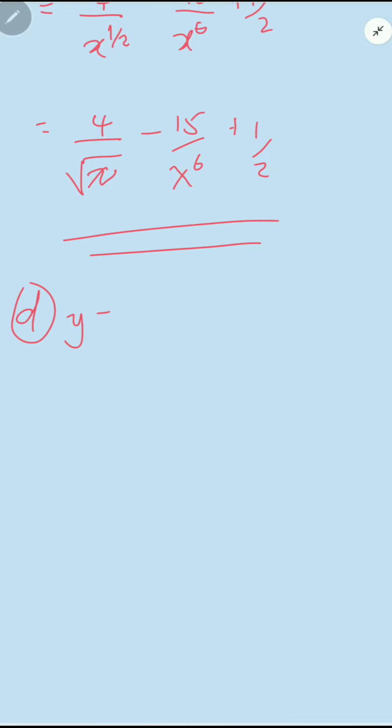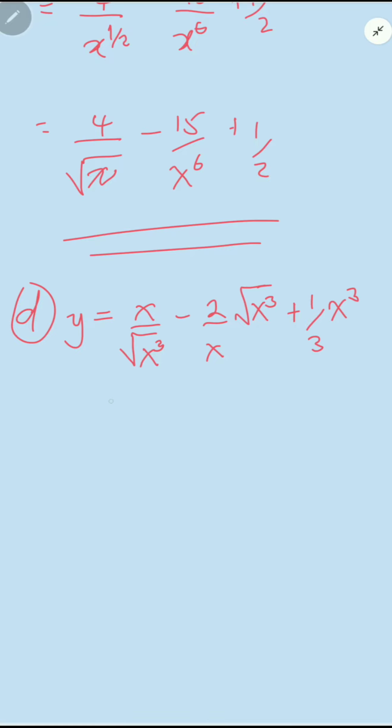This is y, which is equal to x over square root of x to the power 3 minus 2 over x multiplying with x root of x to the power 3 plus 1 over 3 x to the power 3.